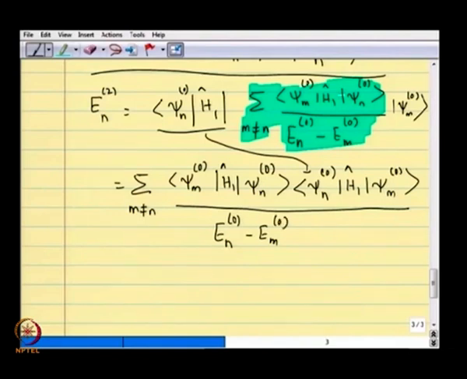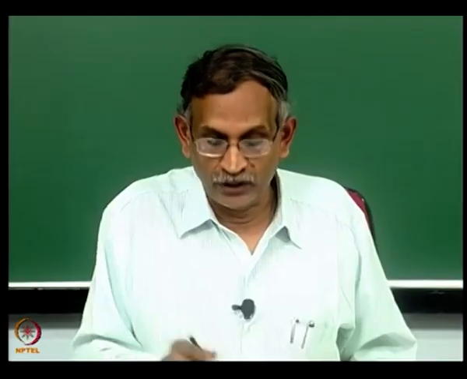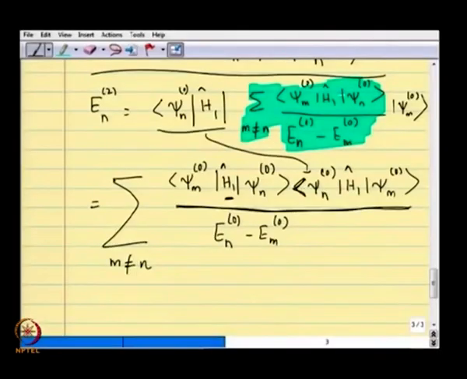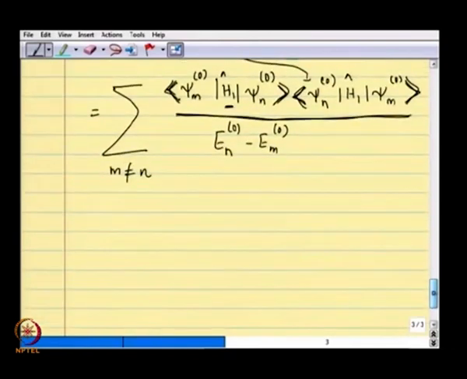Now, the summation is for both the denominator and the numerator. So, you have to be careful that you write this as m not equal to n. You have two perturbation h1 matrix elements, psi m0 h1 psi n0 and psi n0 h1 psi m0, and if you know the Dirac-Ket bracket properties, this bracket is the complex conjugate of this bracket. Whatever is the value of this, the complex conjugate is what you will get here, and therefore even more compactly we can write this.